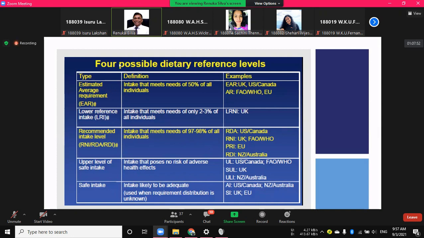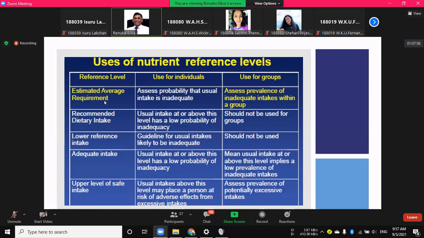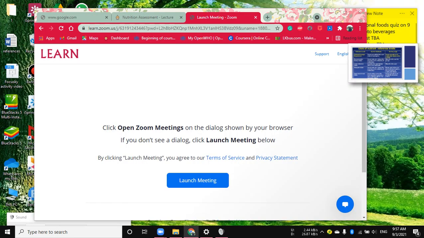This is also the summary of the data reference values, right? Now this is an important table. Estimated average requirement. Assess the probability that usual intake is inadequate.